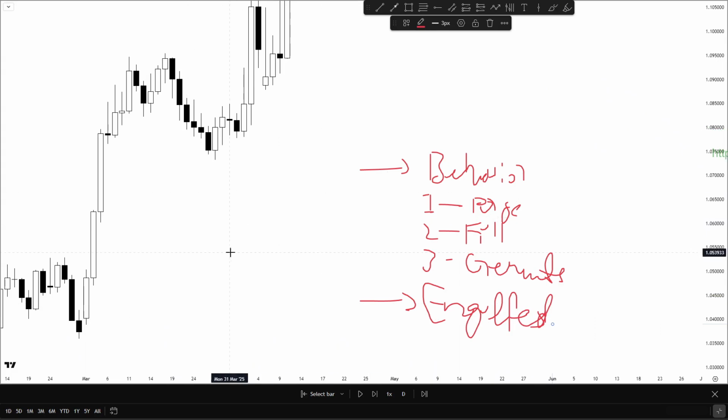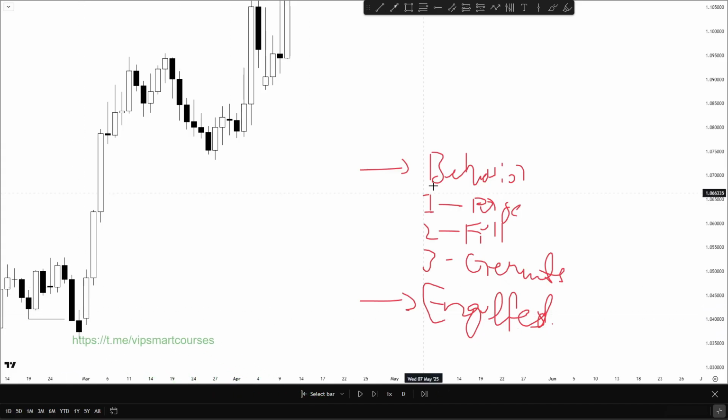So first of all, let's look at this price action right here. Right here you can see that price purged below this low. You can see that this candle along with this candle purged liquidity together below this low. So now you can see that these two candles together showed one of these three behaviors.